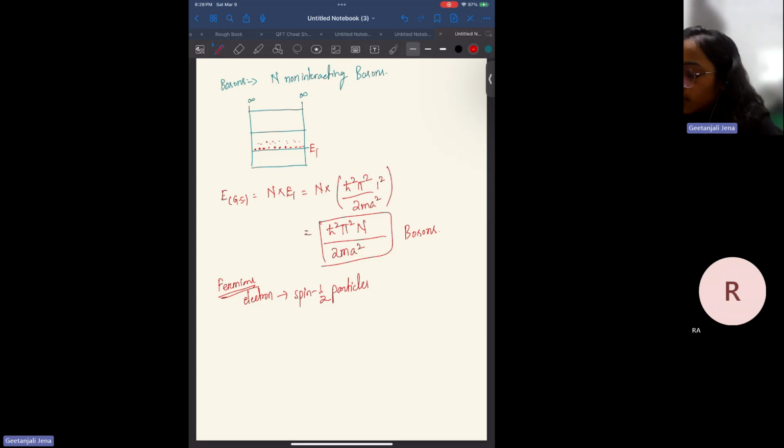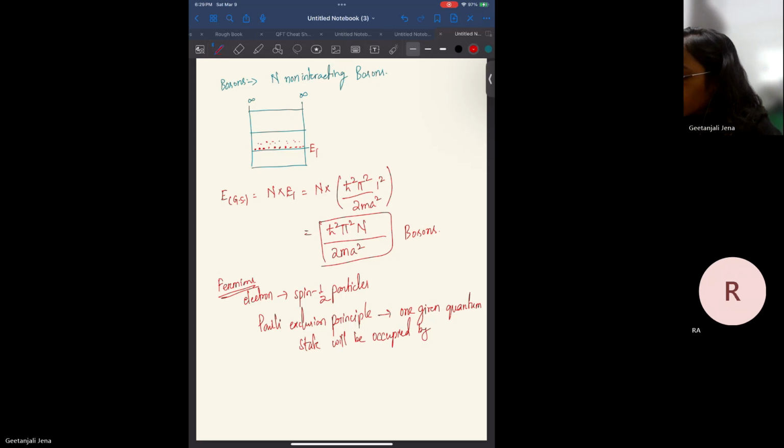In this case, they follow Fermi-Dirac statistics, and according to the Pauli exclusion principle, one given quantum state will be occupied by two fermions which have different spin quantum numbers.